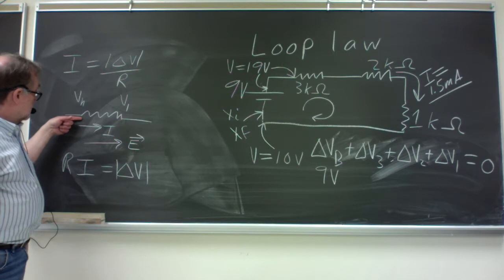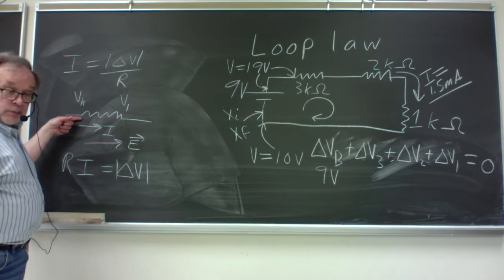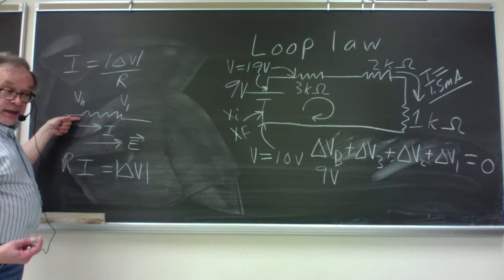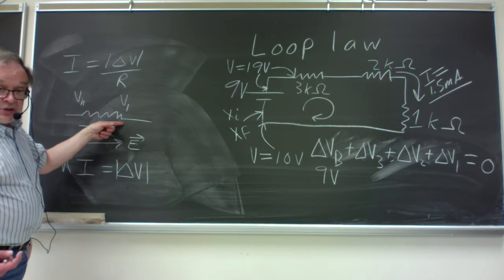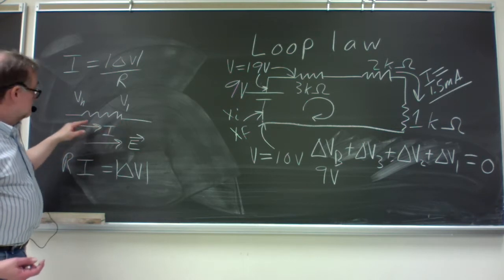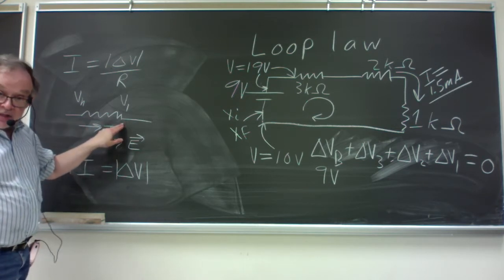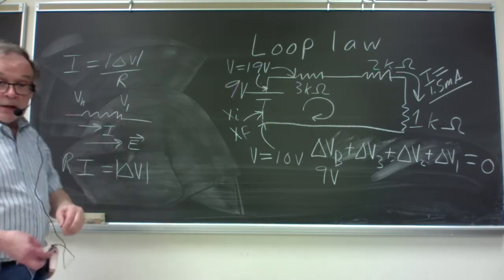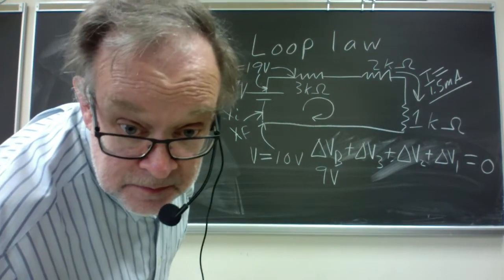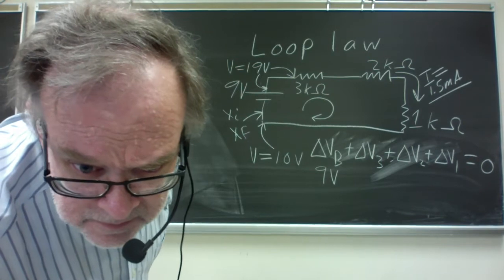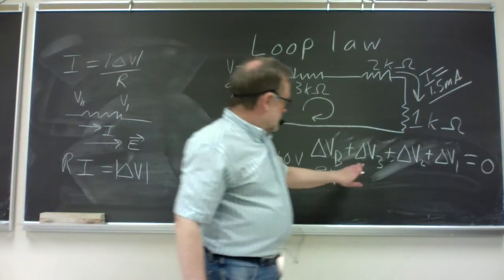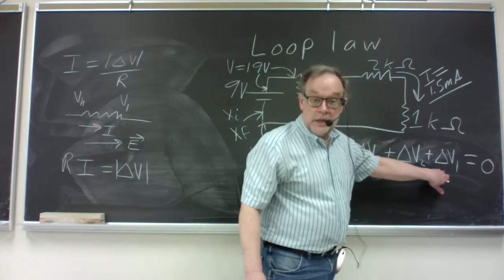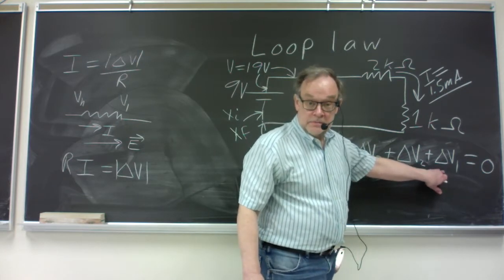So at first, when the positive charge enters this resistance, it sees a higher potential, and then at the end, when it leaves that resistor, it sees a lower potential. It sees a potential decrease, in other words, as it moves through that lump of resistance. So those are all going to be negative potential changes.